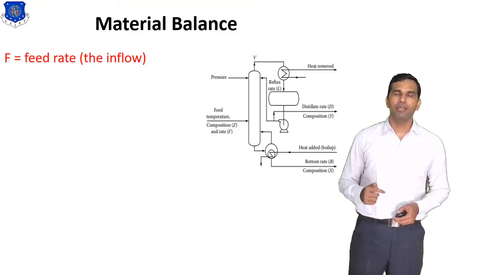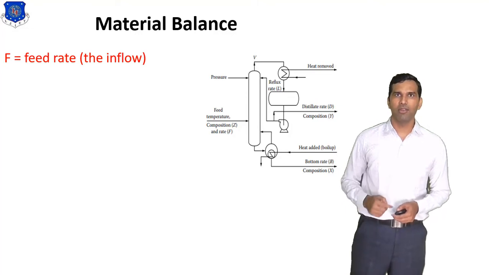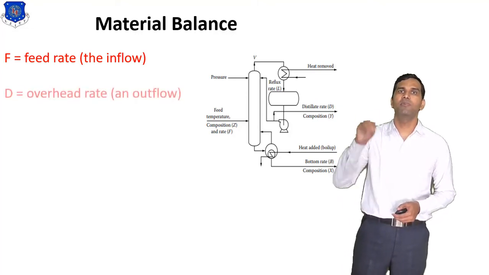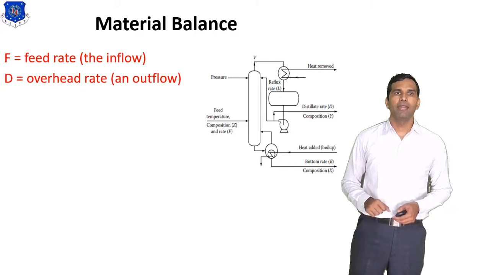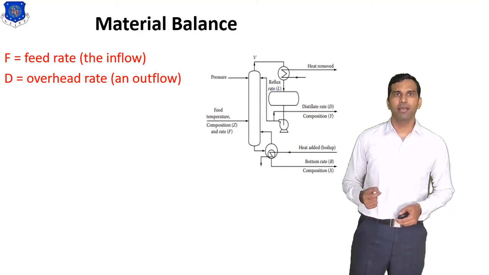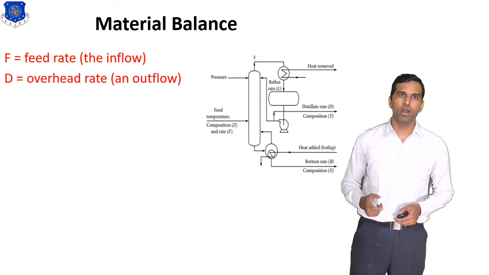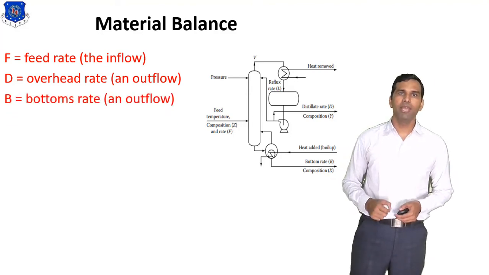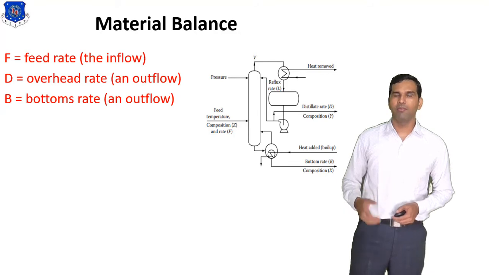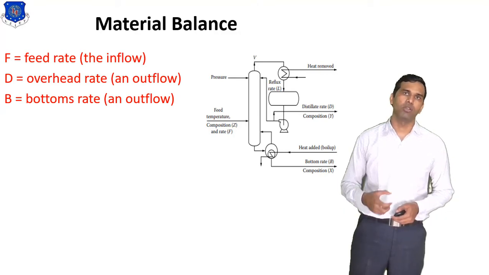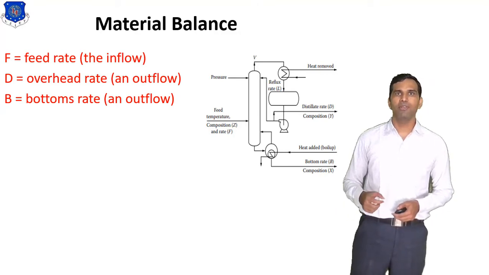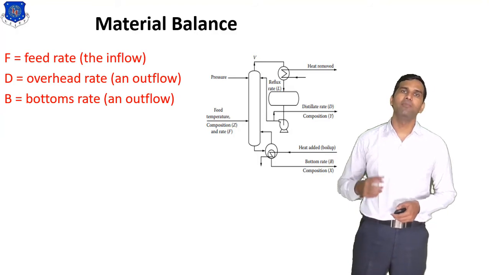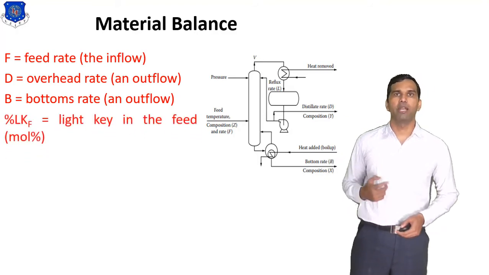F is the feed rate, which we can also call the inlet flow, D is the overhead rate, the distillation product and outlet flow, and B is the bottom rate, which is also an outlet flow. So F is the inlet, and D and B are the outlets.